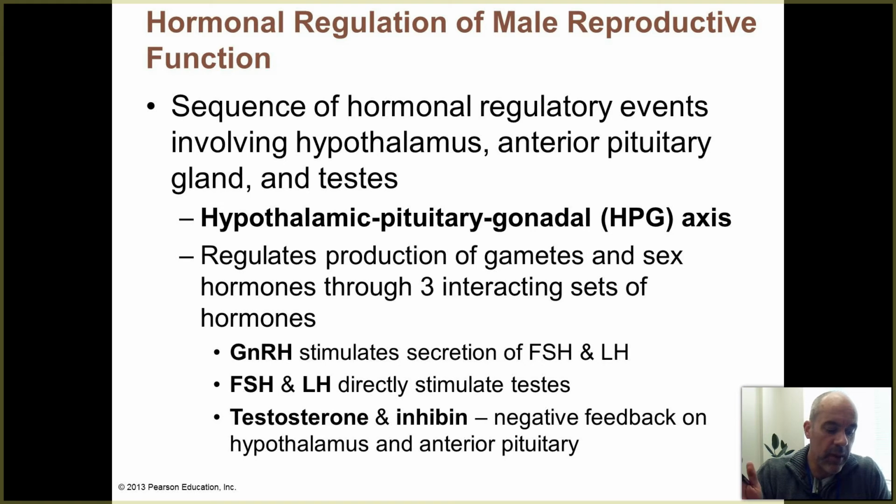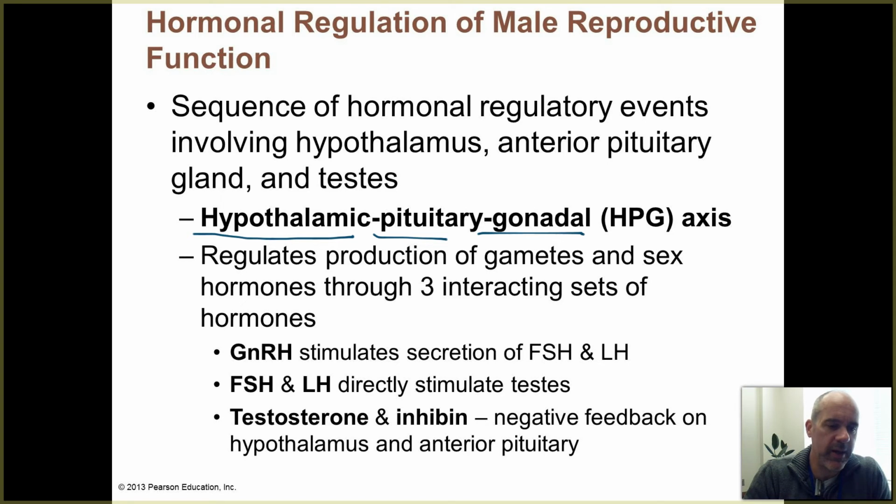Okay, so in both males and females, there are a series of hormones that are involved in production of the gametes, sperm or egg cells, and this is controlled through a hypothalamic, pituitary, gonadal, or HPG axis.